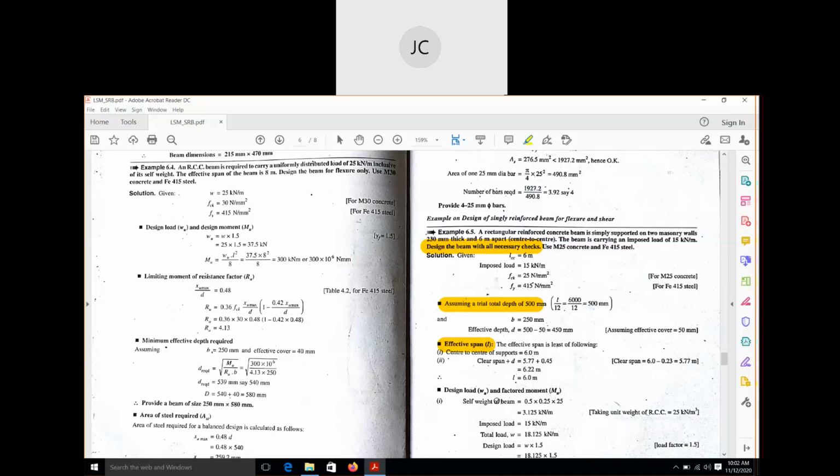Can you tell me? Don't know. Okay, anyone? Can anyone tell me the clause number from IS 456 to find out the effective span?